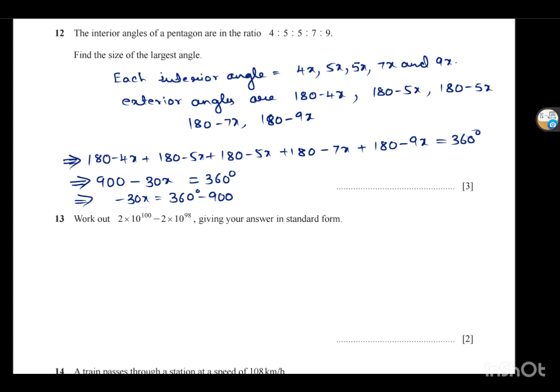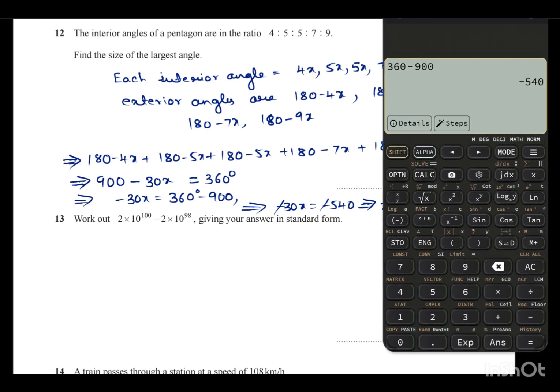So minus 30x is equal to minus 540. Minus minus gets cancelled. This gives x is equal to 540 divided by 30, which is 18.